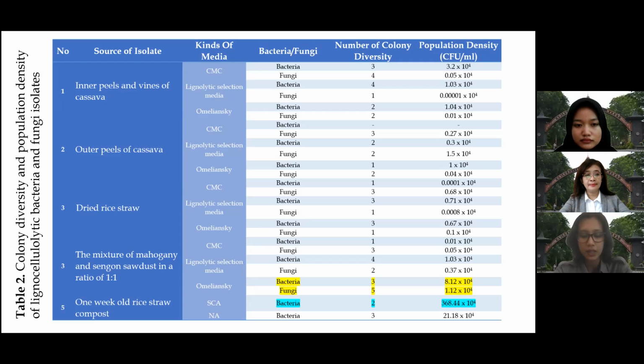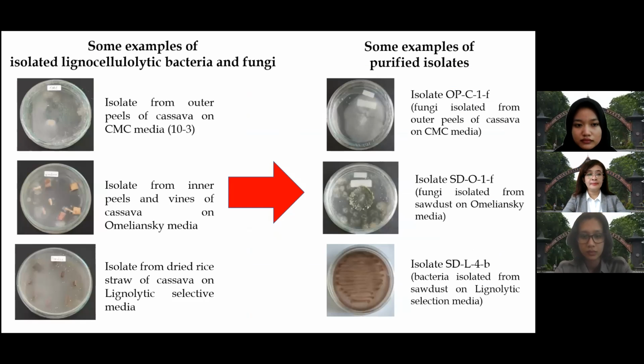And for general bacteria and actinobacteria isolated from 1-week-old rice straw compost that grew on NA and CA media, they showed similar types, but the population density was higher on CA media. On the left side are some photos of lignocellulosic microorganism isolates. On the right side are some photos of pure culture of lignocellulosic microorganism.